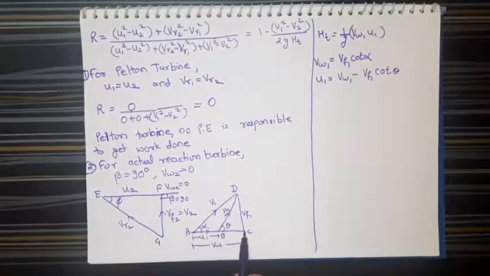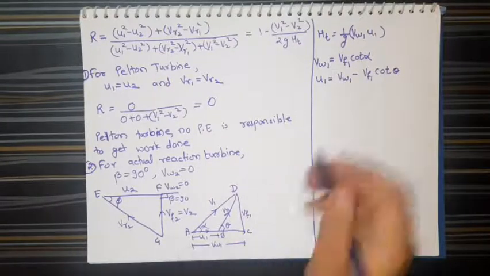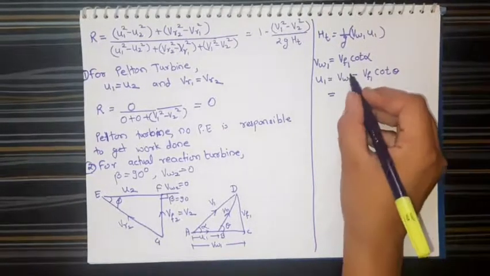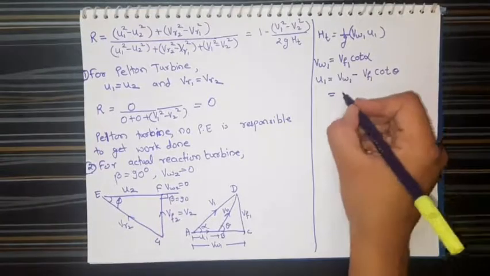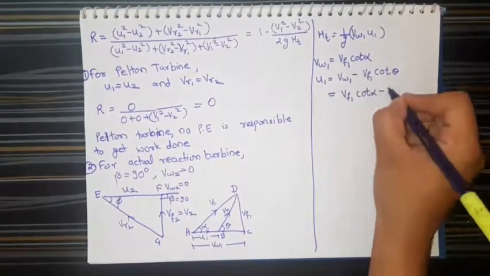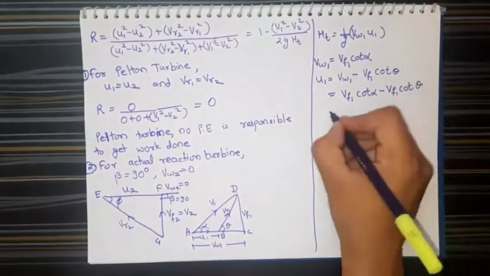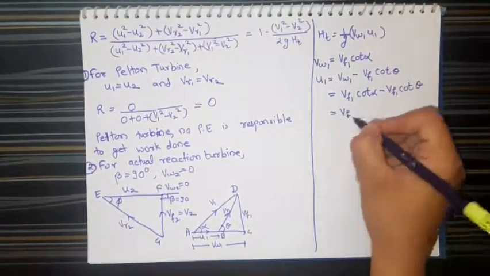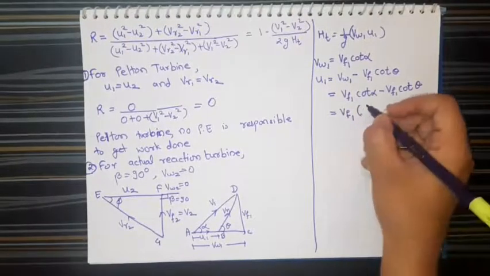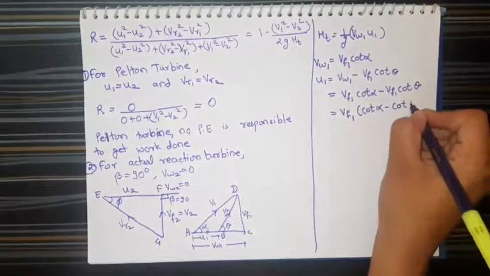VW1 minus BC, and what is BC? VF1 cot of theta. So if we put the value of VW1 over here, we will get VF1 cot of alpha minus VF1 cot of theta. Let's take VF1 out of the bracket and we will get VF1 (cot of alpha minus cot of theta).